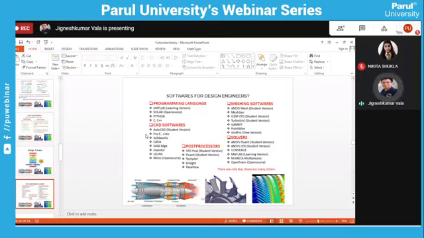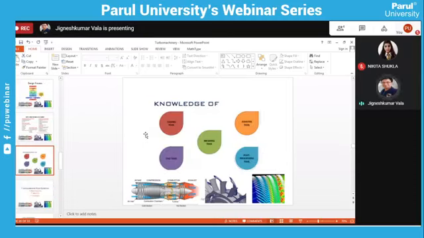So these all are the software for design engineering. So the knowledge of the coding tools, knowledge of the CAD tools, knowledge of the meshing tool, and the analysis part, as well as the post processing portion, is a very important case. So we must know all about it, right?